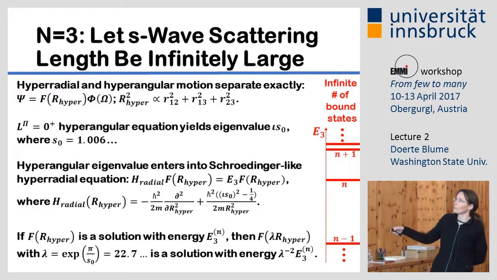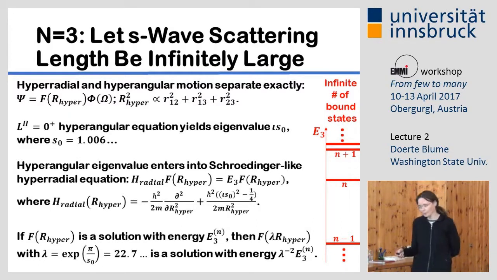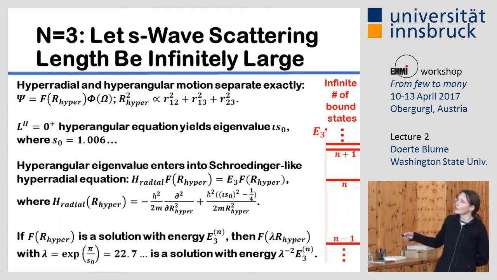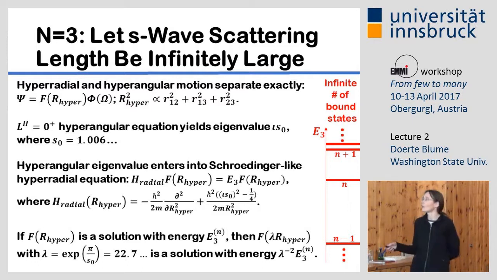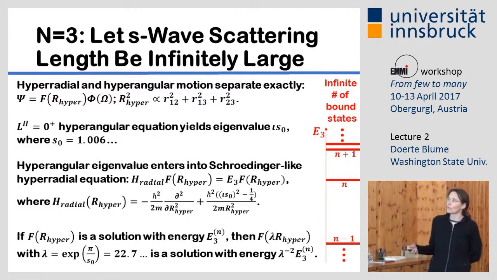So we have this separation here, and I'm not going to go through the solution of the hyperangular equation, but it gives us an eigenvalue, which I've called I times s_0 here, where s_0 is 1.006. And I'm assuming identical bosons here.